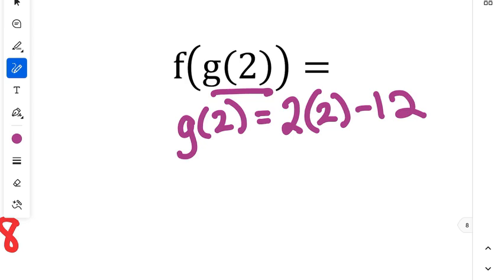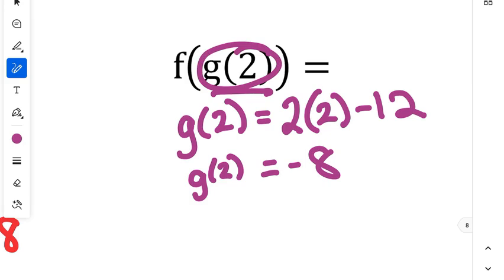And so whenever you put that in your calculator or do it in your head, that'd be 4 minus 12, negative 8. So that's what g of 2 is. And then we plug this in for g of 2. So now it's f of negative 8.